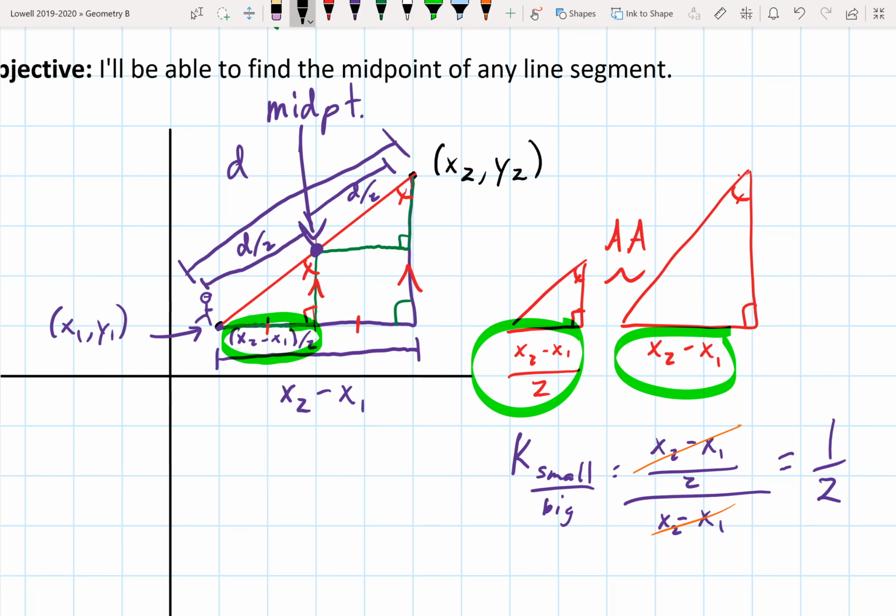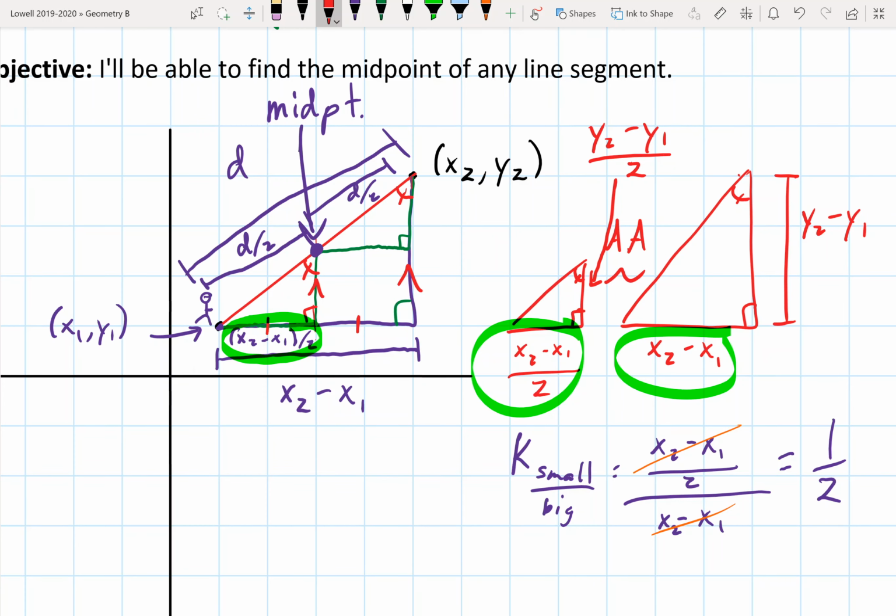Since we already have similar triangles, the original vertical distance, the entire way, would be y2 minus y1, which would mean that the smaller one would just be half of that, y2 minus y1 over 2.